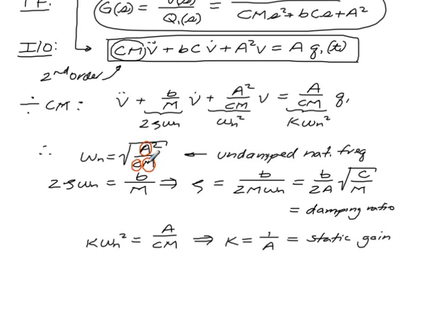Interesting, though, is that the damping ratio depends not only on the viscous damping and the scale, the size of the problem A, but it depends on the accumulator constant C. In fact, if we go back up to the original differential equation, we see that the effective mass here is C times M. The effective damping is B times C.